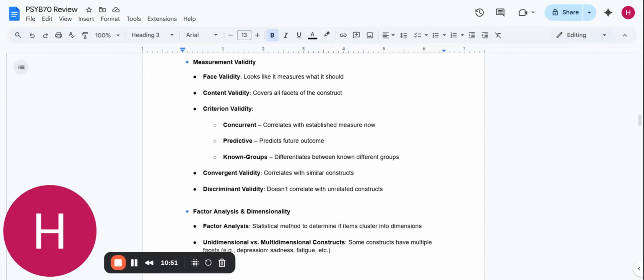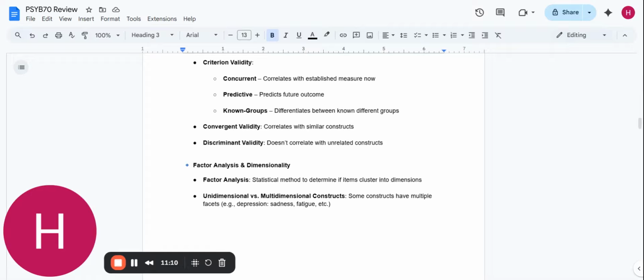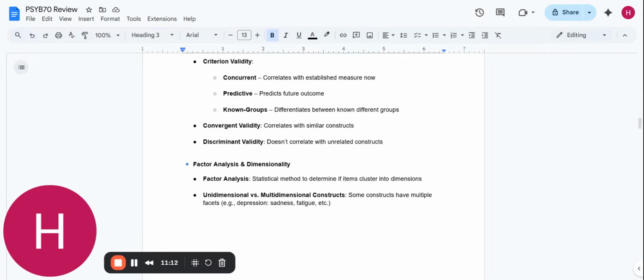The predictive is whether it predicts a future outcome. And then known groups asks: can it distinguish between groups that should score differently? We know for a fact that there are two different groups, and we want to make sure that our test or our scale is actually distinguishing between these different groups. Convergent validity means that it should correlate with similar constructs that are available. And then discriminant validity is just the opposite. It means that it should not correlate with unrelated constructs.